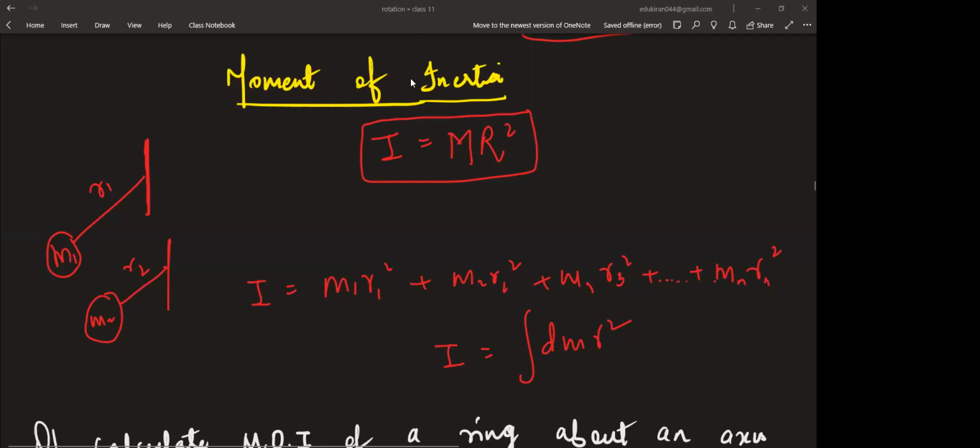Yes, when the mass is variable, that we'll see in this question only. Mass is variable, radius is variable. When you have to expand on things, then this we'll see in the rod question only.